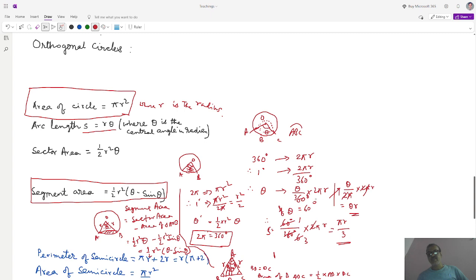Then the degree will be converted into radian. So in radian, we will get theta. So if an arc makes an angle theta at the center of a circle, then the length of this arc will be theta r. Okay.